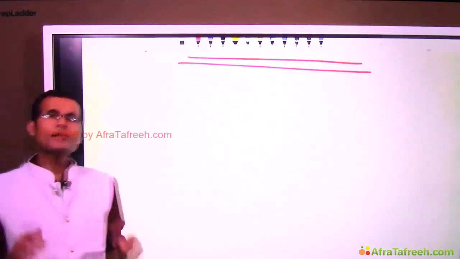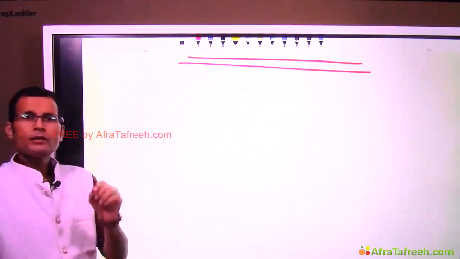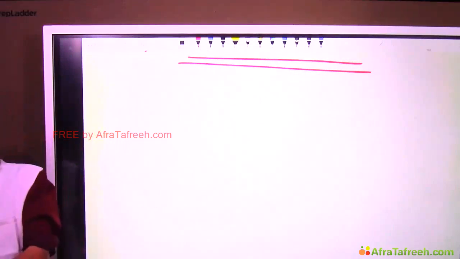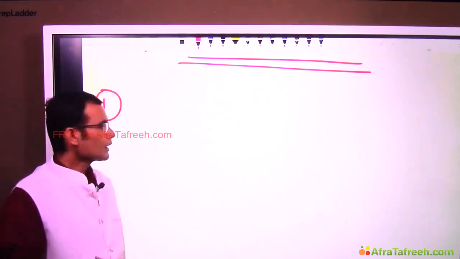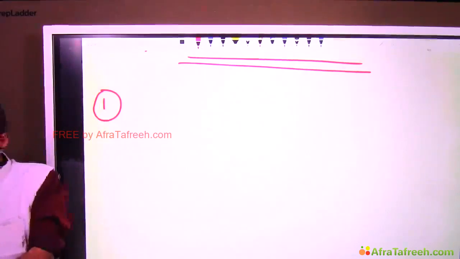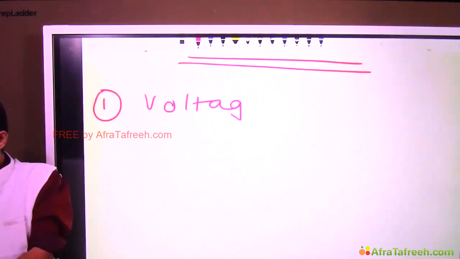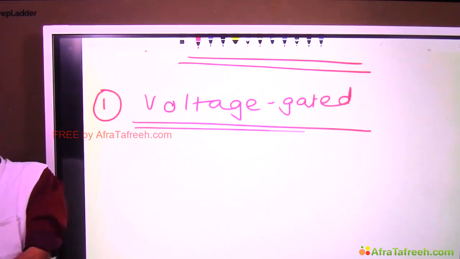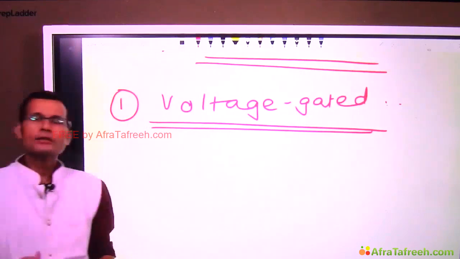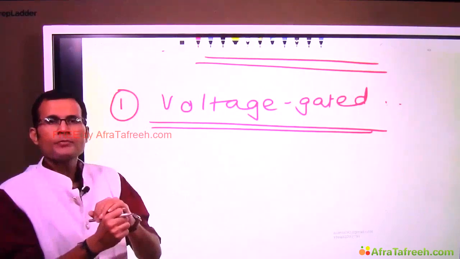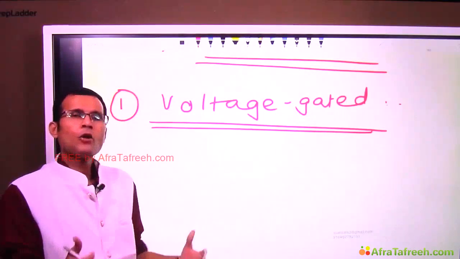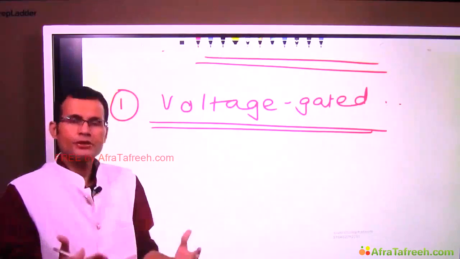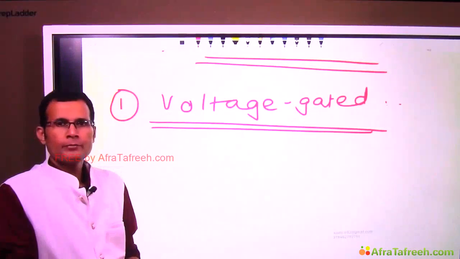Now, based on the gating behavior, there are different types of gated channels. Let's see those gated channels. First, voltage gated channels, meaning that these channels have got gates, and those gates will open or close according to the voltage change of the membrane.